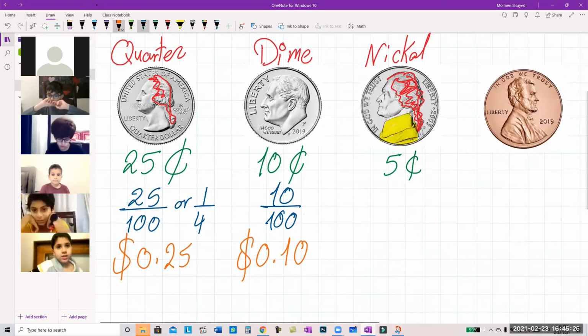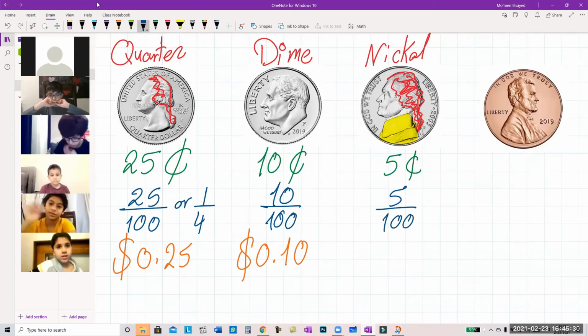I'm asking about fraction, so it will be 5 over 100, right?